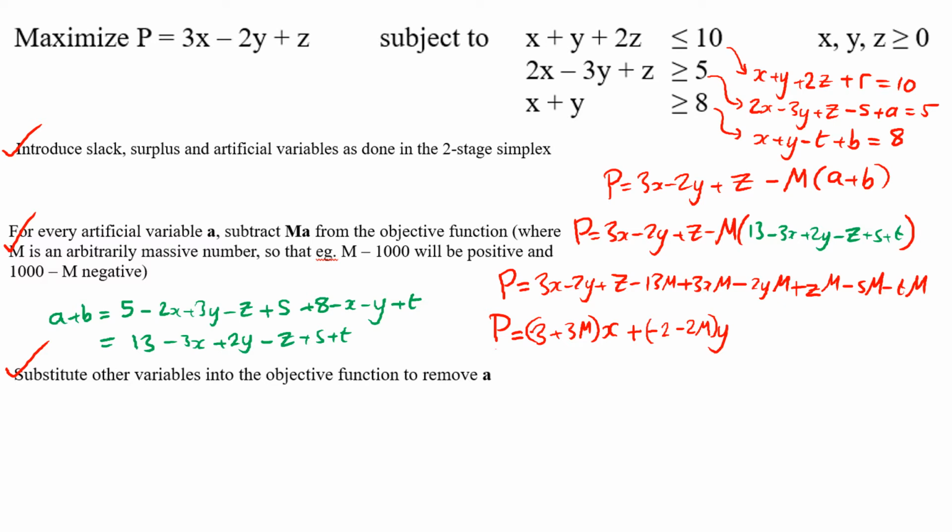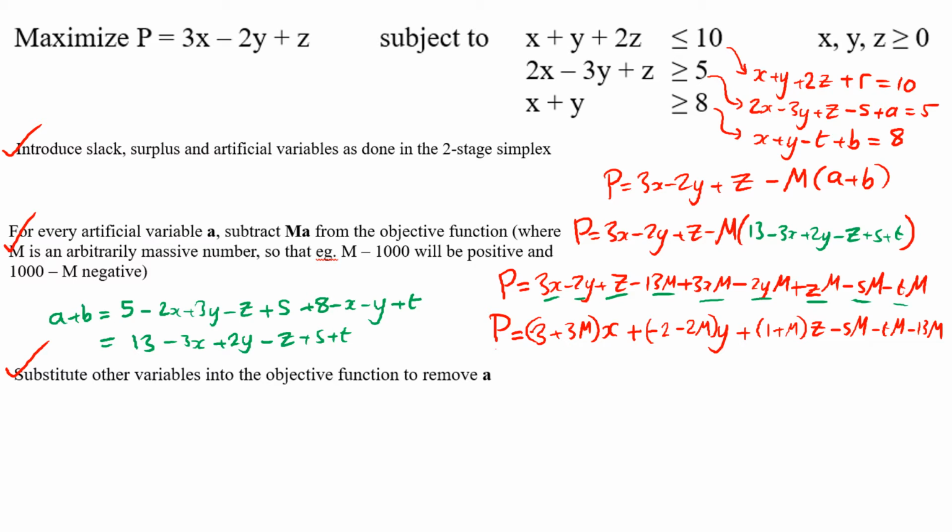Yeah, okay, so that's dealt with these two and these two. Then we're going to have plus 1 plus M lots of z, which will deal with these two. Then we're going to have minus sM minus tM minus 13M. So that's dealt with those three. So yeah, we're good.